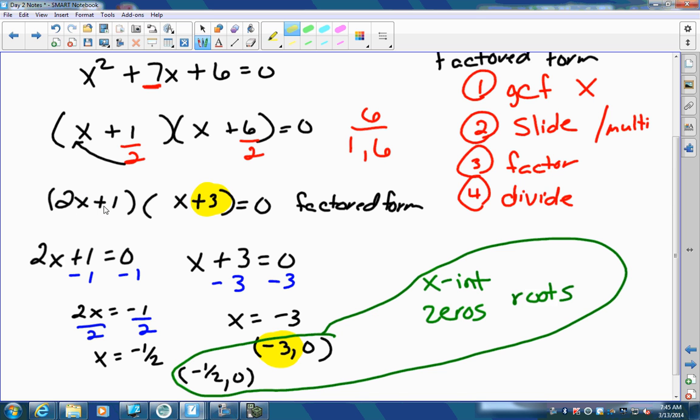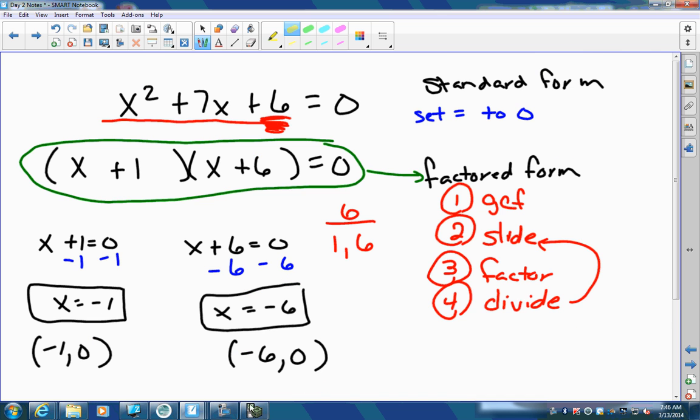Like right here, I don't really know, but if I go up a little farther, look at this. What do you notice? See this bottom step right here, if you recognize this, you don't have to do this other step to find your roots. Let me go back a second. Look here. Here was my factor. These were my factors. Look at my roots.